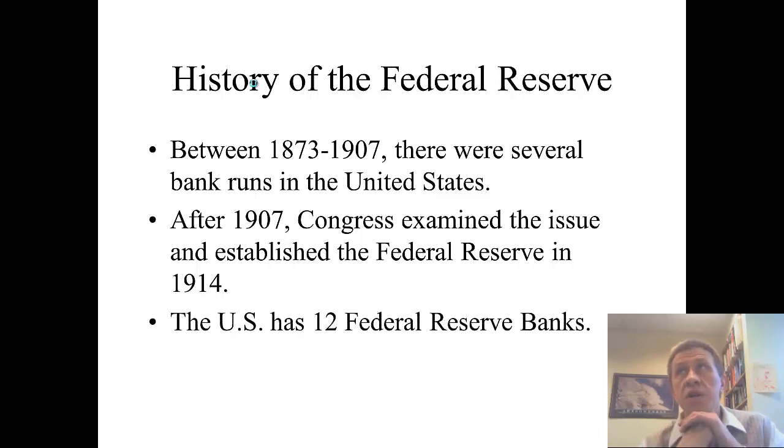Now, if you go back and study the history, there was a lot of reluctance over having a central bank in the U.S., fearing it could be too big of a concentration of power in any one spot. The way that this was then established was not as one central bank for the entire U.S., but 12 Federal Reserve banks in 12 different cities across the United States.